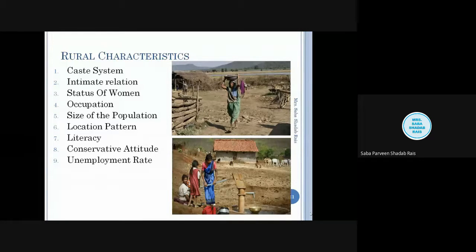You will find many people selling strawberries and other things at the traffic signal. But in the rural area, there is no such chance to opt for such small professions. So the unemployment rate is extremely high as compared to the urban area.